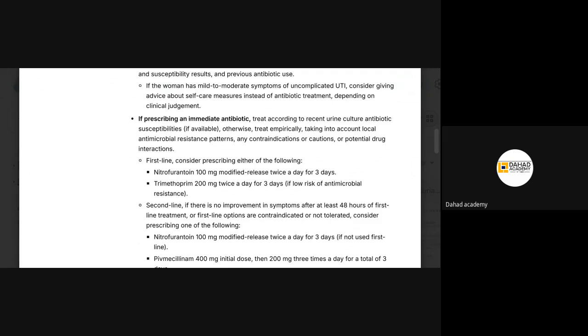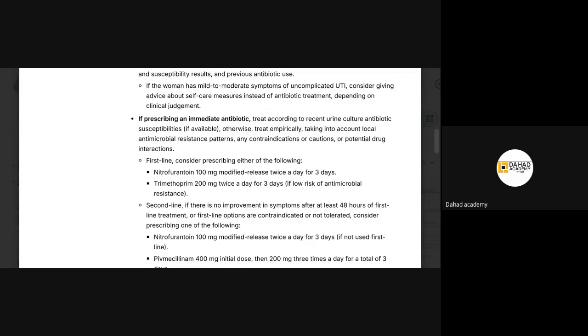So if the patient came in with UTI, and she went to the GP, and she mentions that she has dysuria or frequency or smelly urine, and the GP dipsticked the urine, and it did show some leukocytes, and I'm talking about the simple urinary tract infection now.